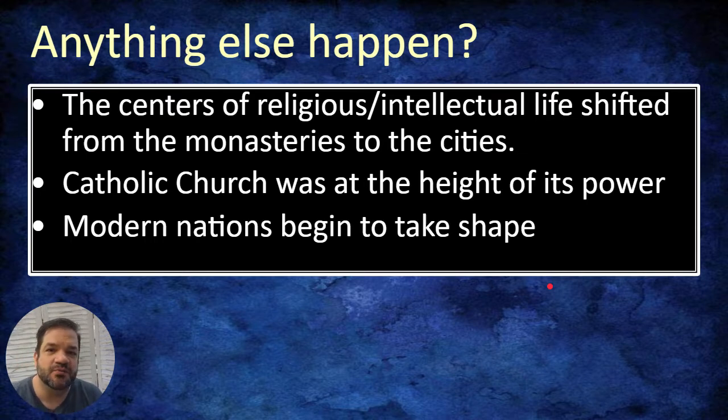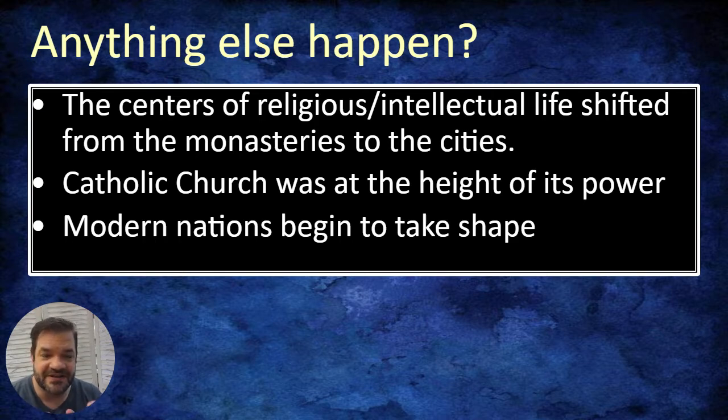Previously, in the early part of the medieval period, the centers of learning were in monasteries. Those are the guys that are going to be making the books and just kind of recopying things, as they're the only people that know how to write. Now, intellectual life is going to start to shift into cities, and nation states are going to start to coalesce and get bigger.